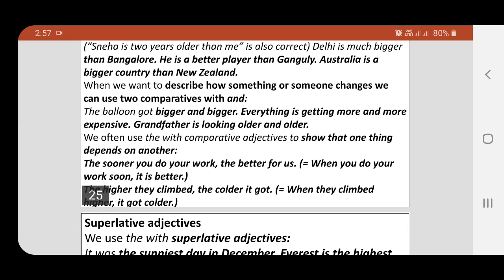Two adjectives, comparative adjectives. Grandfather is looking older and older.